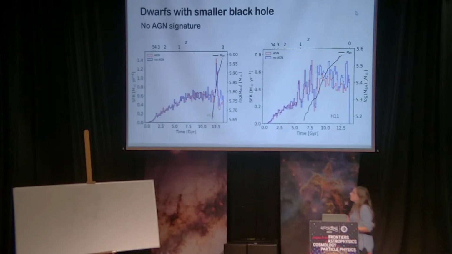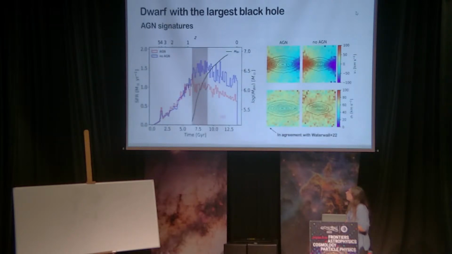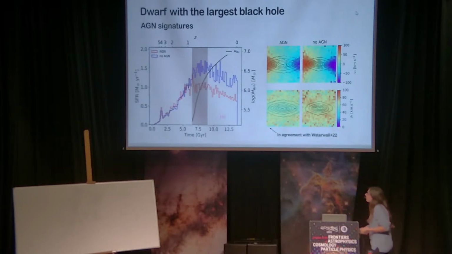So there is not much difference between both configurations. But what happens if we go for the galaxy with a larger black hole? Well, we have here a huge difference when the black hole starts. So the configuration without the black hole has a larger star formation rate. That means that the black hole is quenching the galaxy.